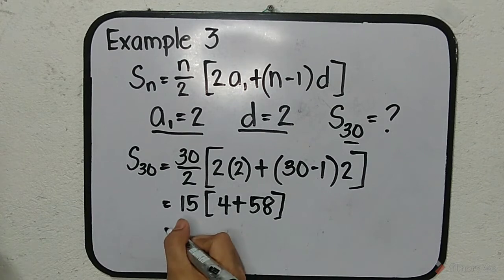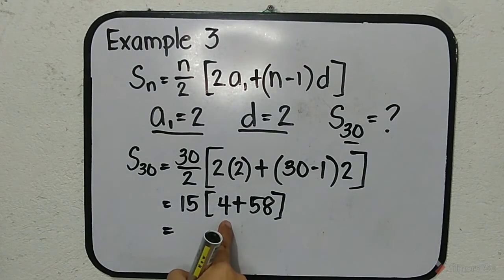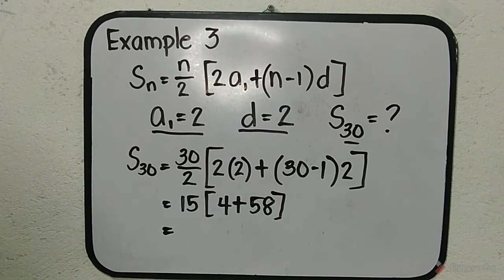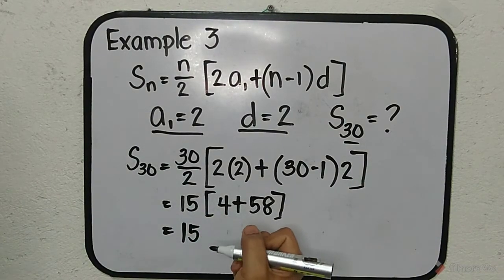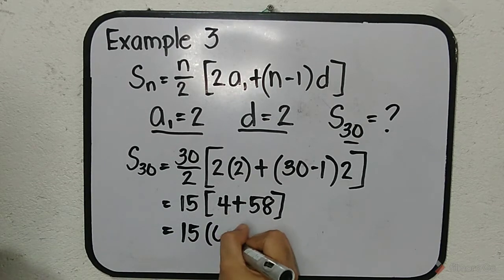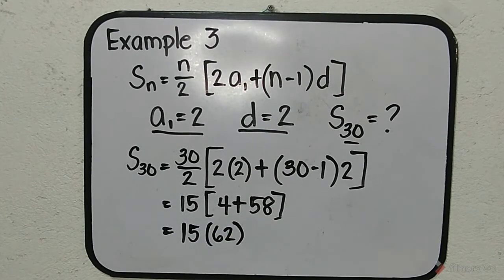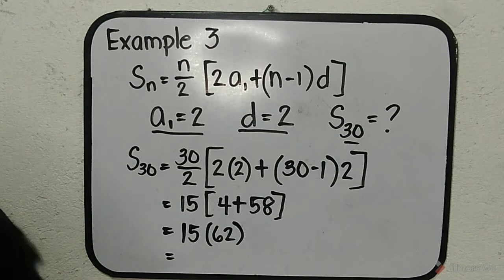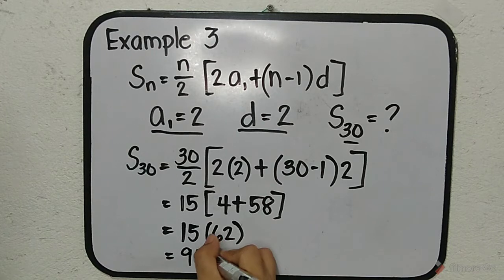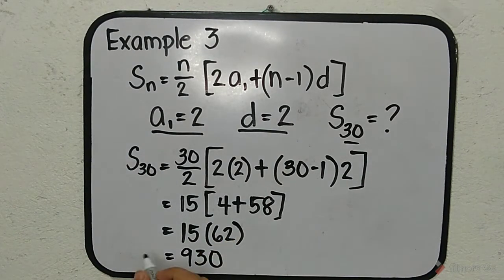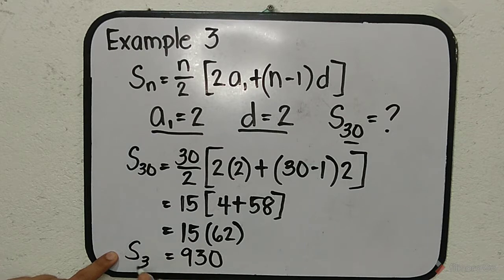Let us proceed. So, 4 plus 58. We have 62. So, we need to find the product of 15 and 62, which is equal to 930. Therefore, our S sub 30 is equal to 930.